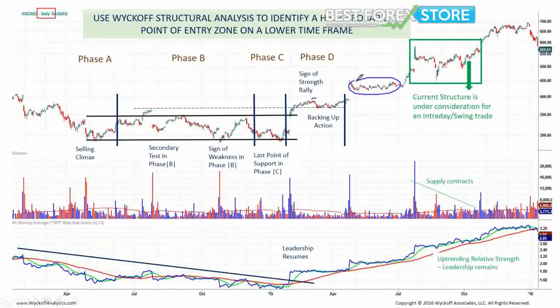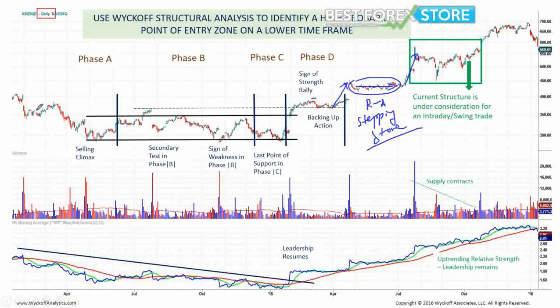Yes, exactly. Okay, so because the price went up, consolidated, and then went up again, this is a reaccumulation for us, and we're going to call this a stepping stone reaccumulation. So the price resumes its move to the upside.